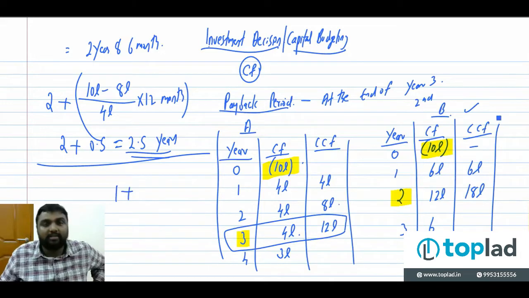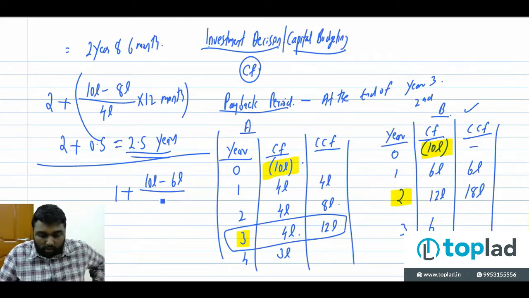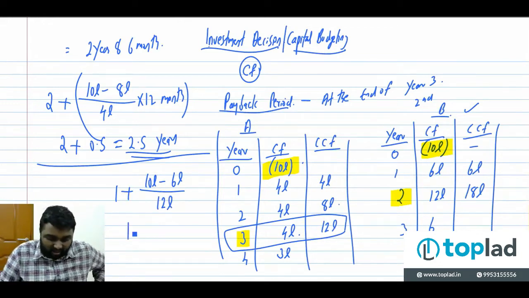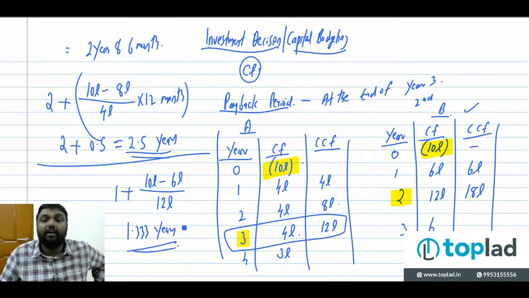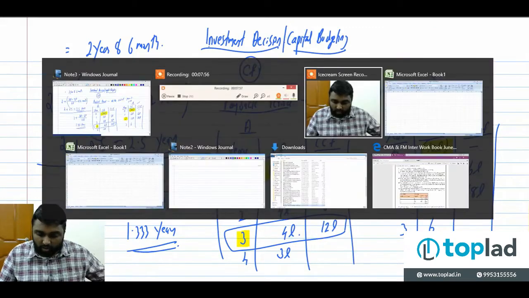So 1 plus. Numerator, what is the money? 10 lakh we have to reach. Already we have reached only 6 lakh. So the amount to be recovered is 4 lakh. What is the amount we got? 12 lakh. So we can say 1.333 years. Yes or no? So this is how we have to approach. There is 4 by 12.